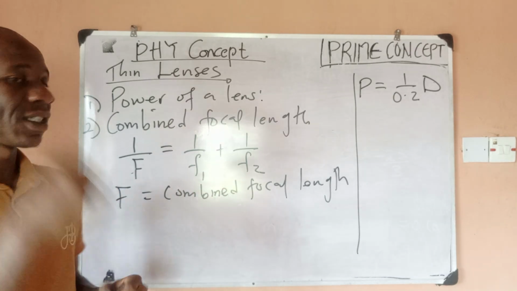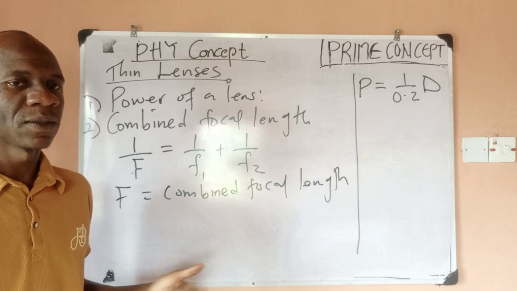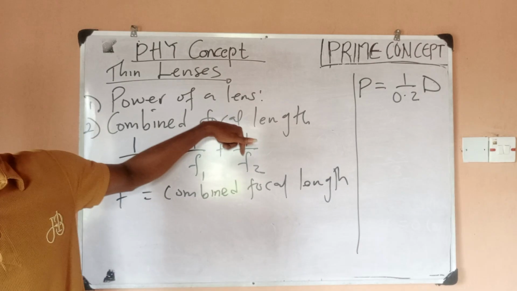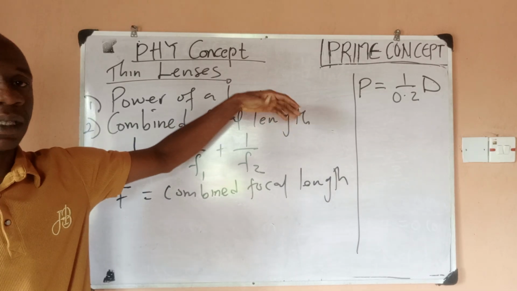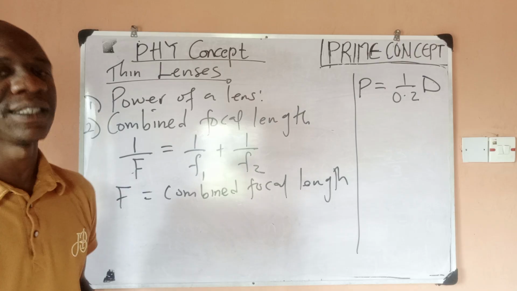So you're going to consider their sign convention before you apply them to this formula. And in case they give you the combined focal length and they want you to get the focal length of any one of them, then you don't have to apply the sign. The result will now tell you which type of lens you are dealing with.